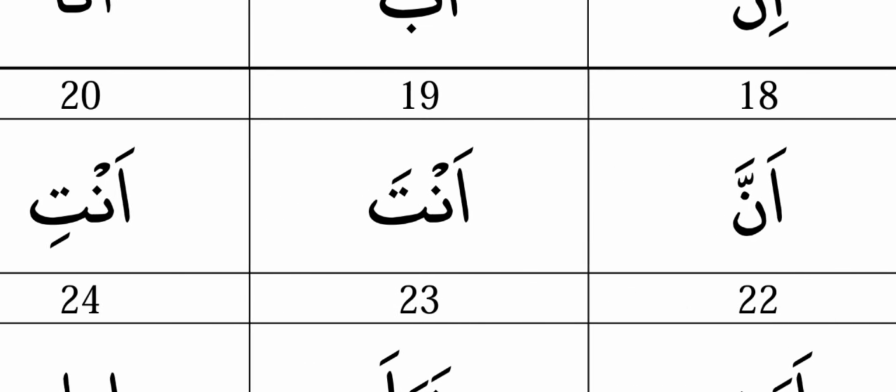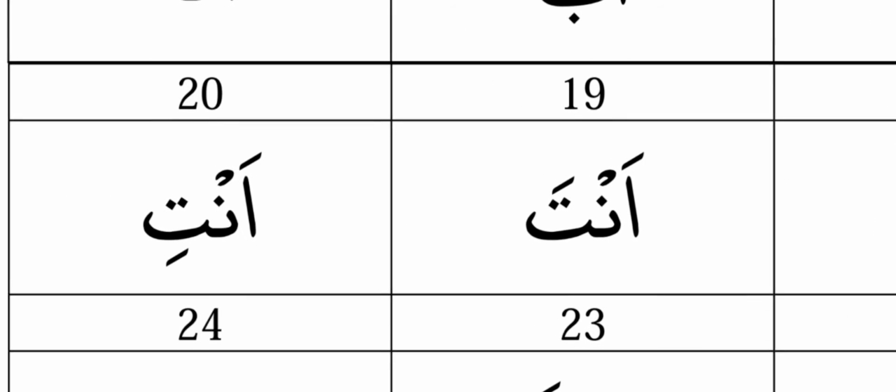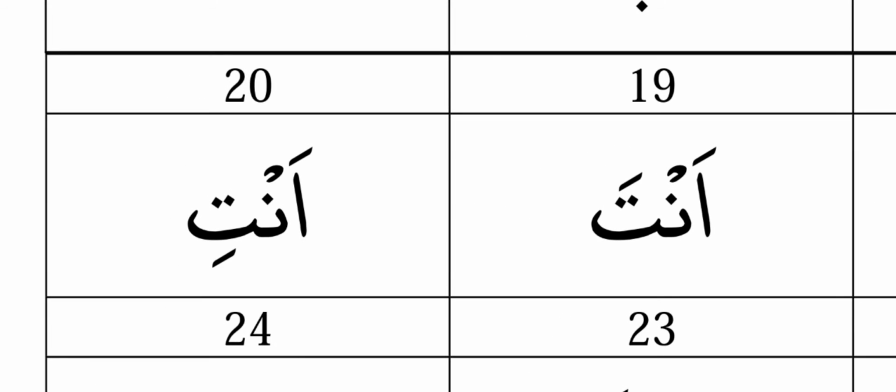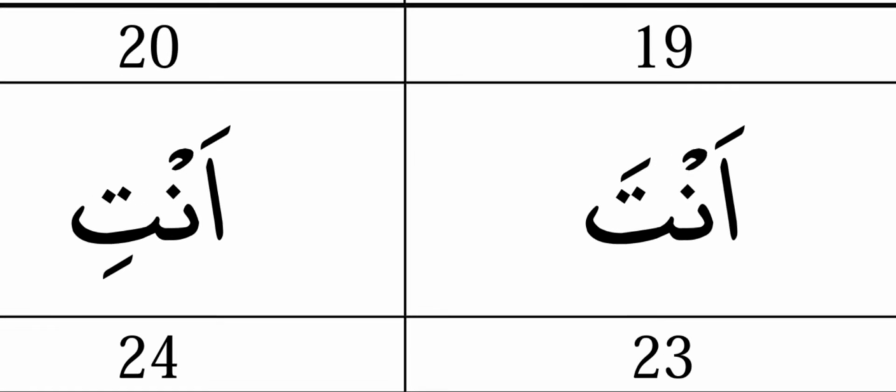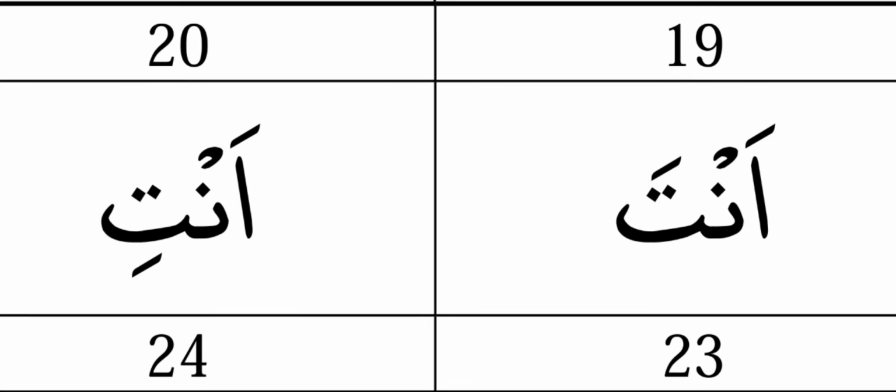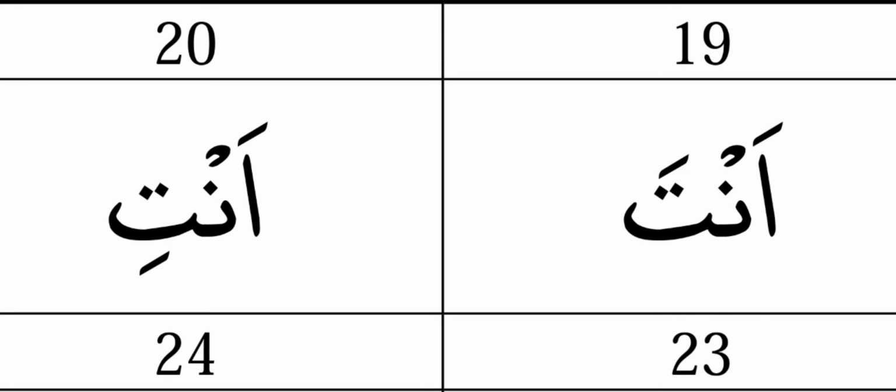In terms of 19 and 20, when we read these two words, anta and anti, you can also hear the sound coming through the nose there. This is what we call ikhfa, because we have nun sakina, a nun with a sukoon, followed by a ta. Whether the ta is fatha, kasra or damma doesn't matter. When we have nun sakina followed by a ta, we get ikhfa, a merging.